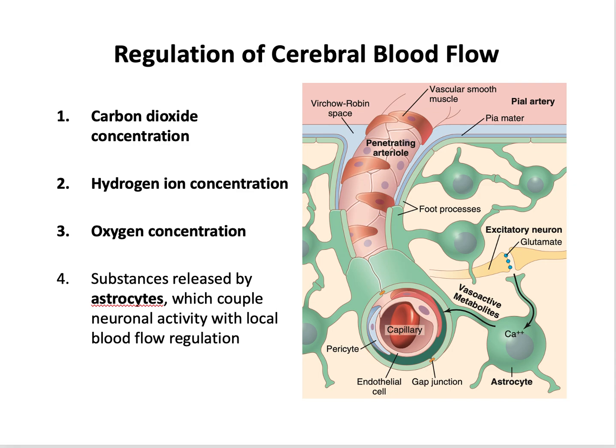If you remember back from my first lecture, when we talked about smooth muscle and the different types of chemical factors that can affect smooth muscle constriction or relaxation, these factors might look familiar: carbon dioxide concentration, hydrogen ion concentration, oxygen concentration, and other substances that can be released by supportive neuroglial cells like astrocytes can all affect blood flow, potentially increasing blood flow to the cerebral cortex if necessary.